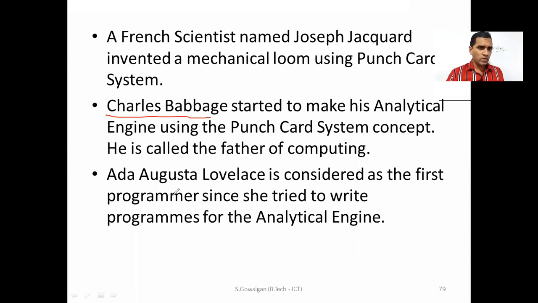Nowadays we have so many programmers whose work is to write programs and develop software. But this may be the initial stage of programming. She wrote the programs because Charles Babbage needed them for his machines, analytical and difference engine. Okay, so she can also be called Lady Ada. We have only a few ladies in the history, so that may be the reason why she is called Lady Ada. Okay, remember that.